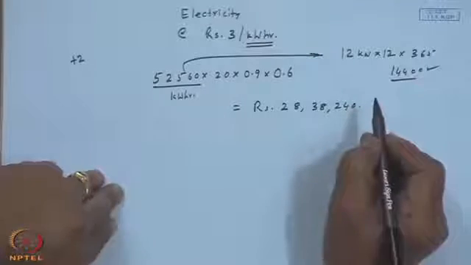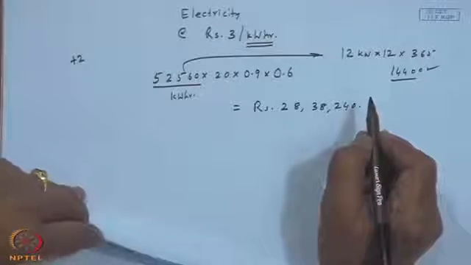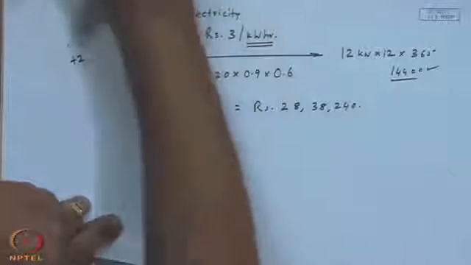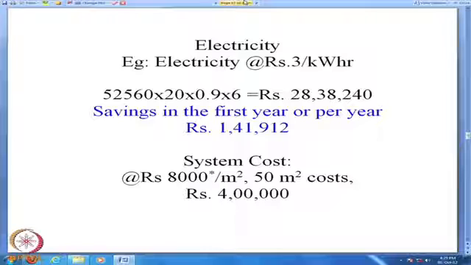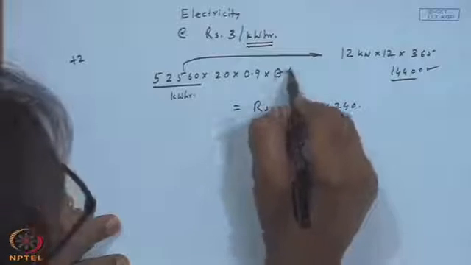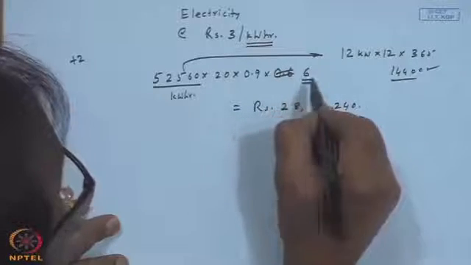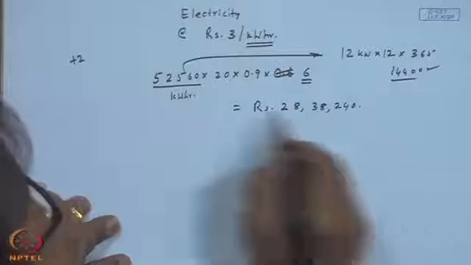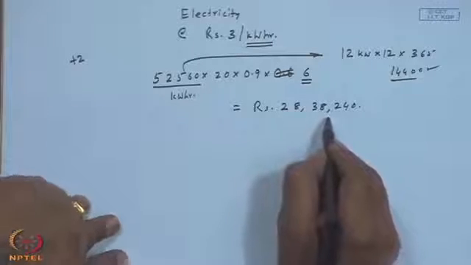28,38,240. Okay, this I will check, whether this may be at the rate of 6 rupees, this money should be there, okay, right. I will clarify in the next class.